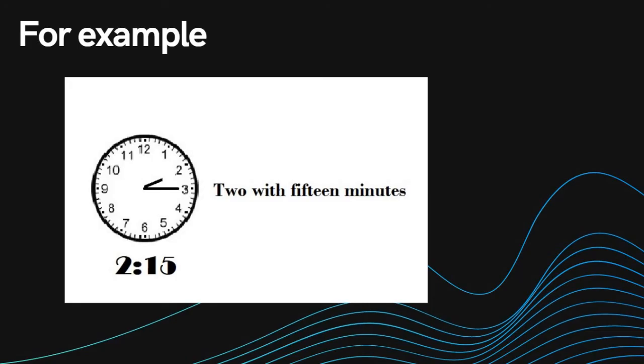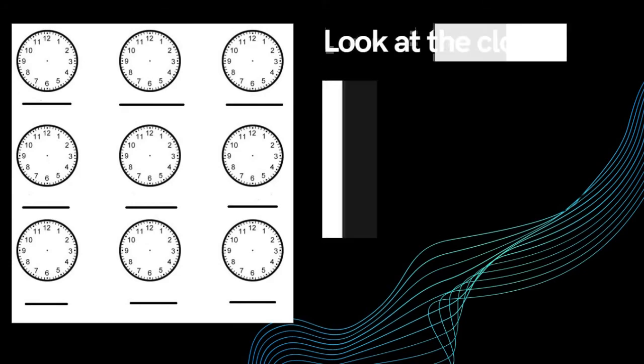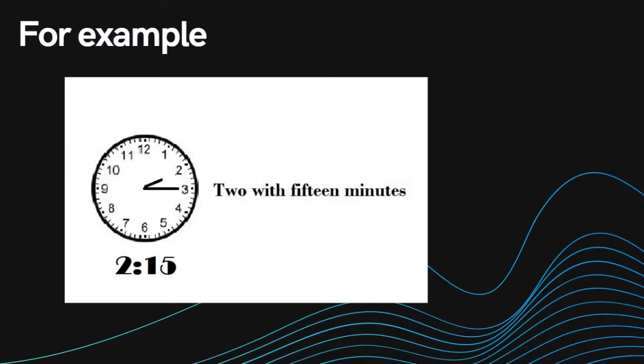Entonces, este es el ejemplo de cómo se debería ver. La primera oración dice 2:15, 2 with 15 minutes. Entonces, ¿qué fue lo que hice? Tengo el relojito ahí, puse las agujas del reloj que representan 2 with 15 minutes y abajo pues le puse en cómo sería representada en número.